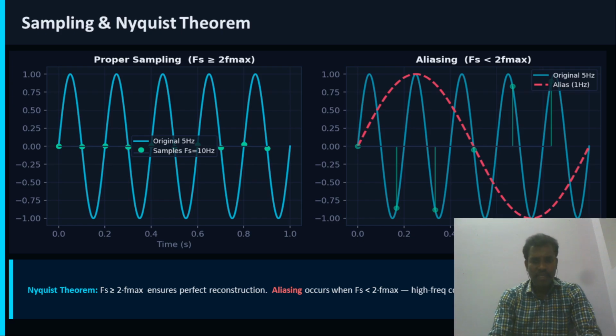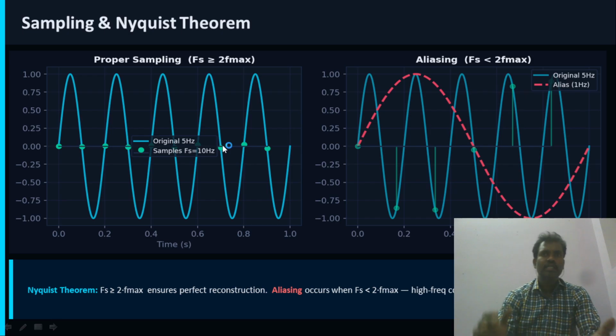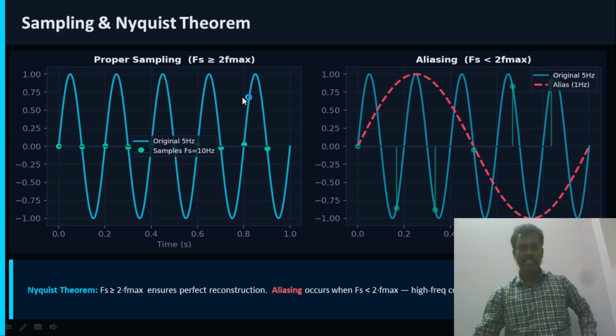Any band limited signal means the signal's maximum frequency, or bandwidth, is limited to a finite, lower value. Why it should be limited, we will discuss after discussing this sampling theorem.